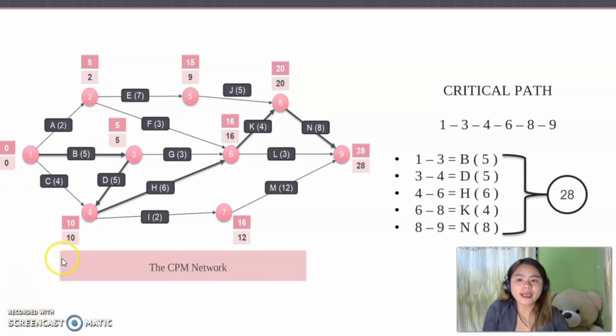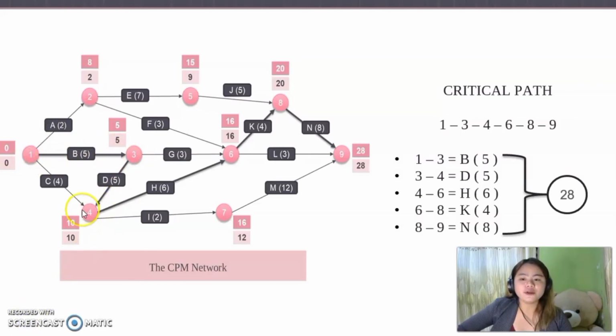In the same way, the latest completion of our ending activity, 5, minus the latest completion of our starting activity, 0, is 5 minus 0, which is equal to the duration, 5. So as you can see, all of our 3 conditions are met. Therefore, our critical path here is activity B, which is node number 1 and 3.